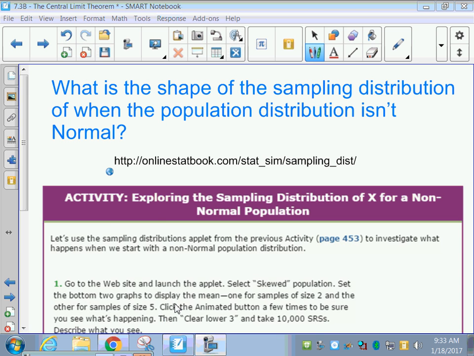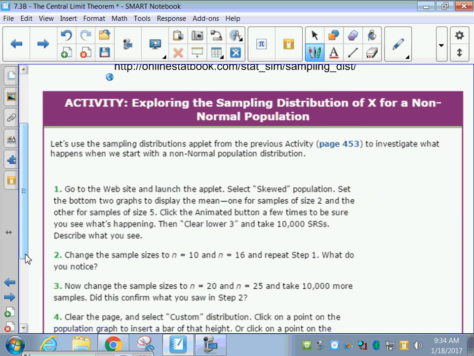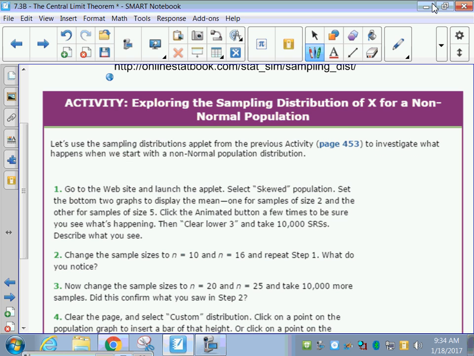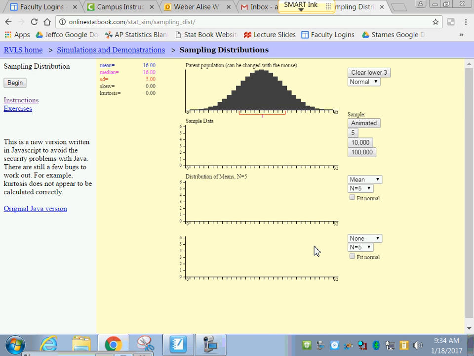We're going to look at this activity on page 453, if you guys would find it in your book. Oh, that's good. And I'll just put my email up there for everyone to see. There we go. So back to this. We're going to follow through on this activity.